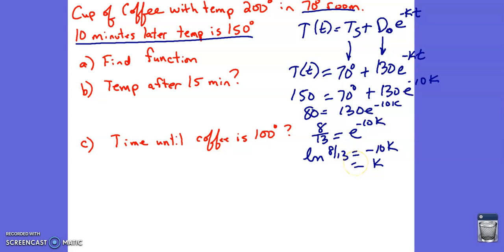Which means K is approximately 0.04855. So now we're going to rewrite our function for this entire problem, now that we found K.